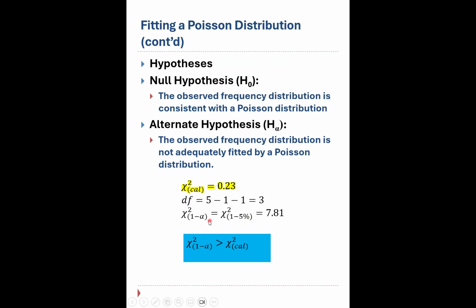So if we test it at 5% level of significance, the value is 7.81. So the calculated value is less than the critical value. Therefore, we can infer that the null hypothesis cannot be rejected, and the observed frequency distribution is consistent with the Poisson distribution.